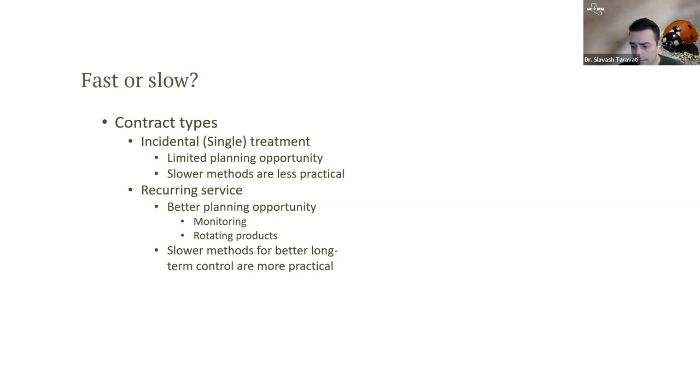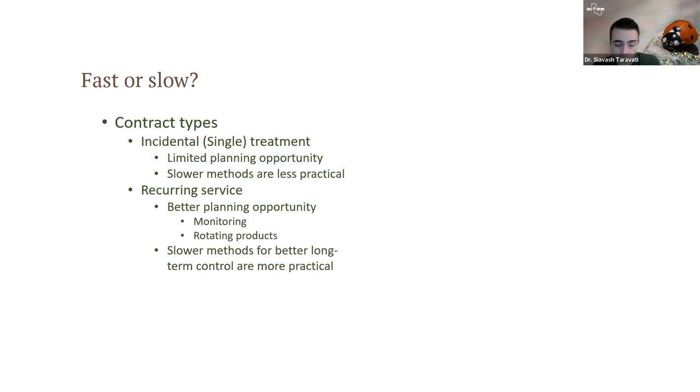Fire ants are a good example of this. If you use fast-acting methods, there are some products, like if you spray, for example, you're not going to get good results in the long term, right? And then the fire ants will come back very quickly. And this is not ideal in the long term.